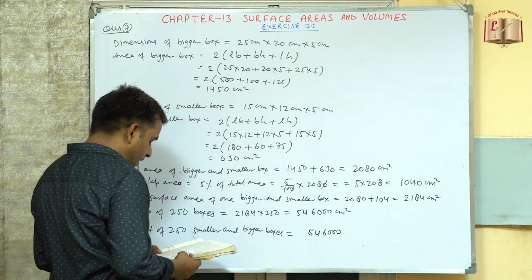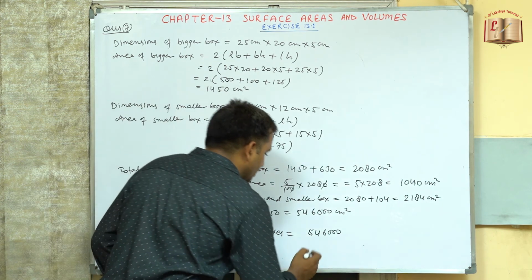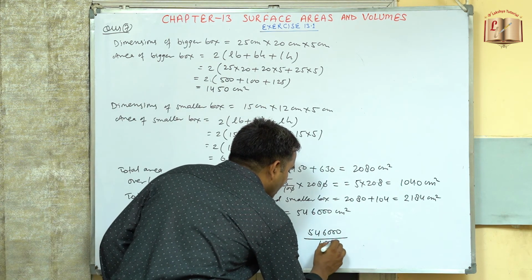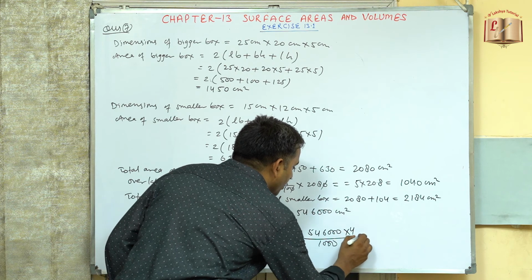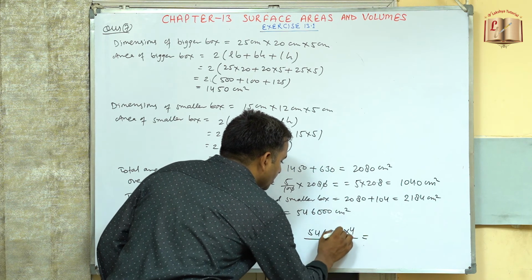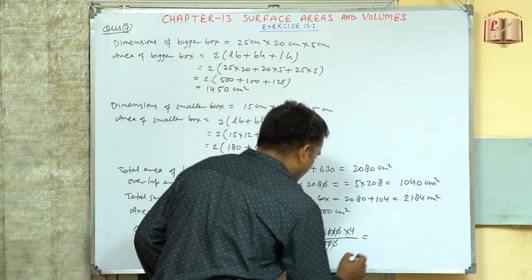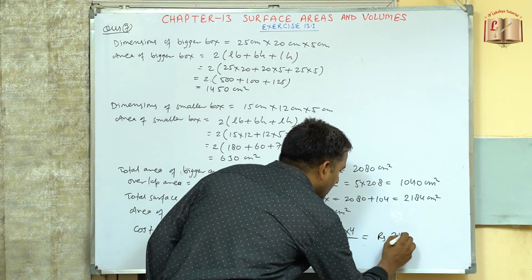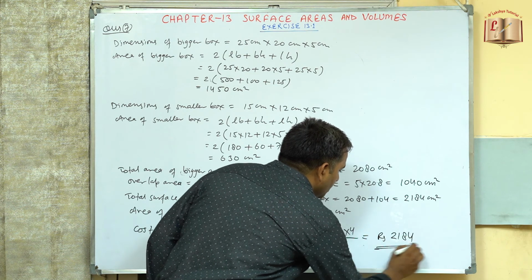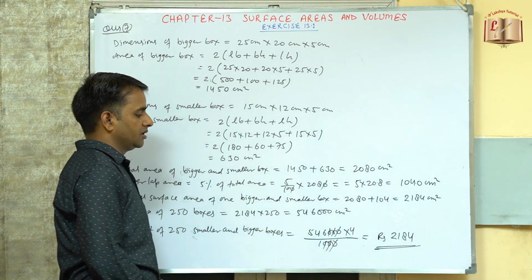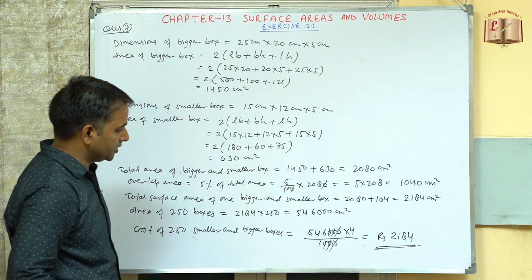Now it is given that rupees 4 for 1000. So this will be divided by 1000 and into 4. So 1000, 3 zeros cancelled. So this will be now rupees 2184. So this is the cost for all the boxes.